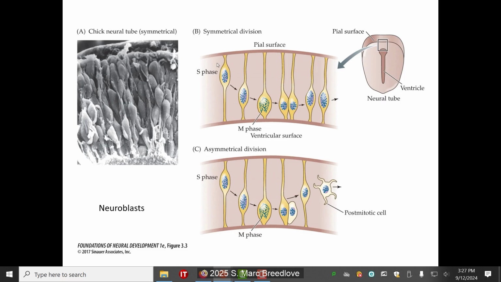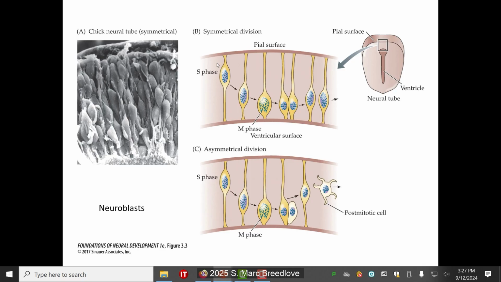At first, they have connections both to the pial surface and the ventricular surface, and they don't let them go. The nuclei are shuttling back and forth within the cytoplasm, sometimes near the top and sometimes at the bottom. And they only showed mitotic figures when they were at the bottom.